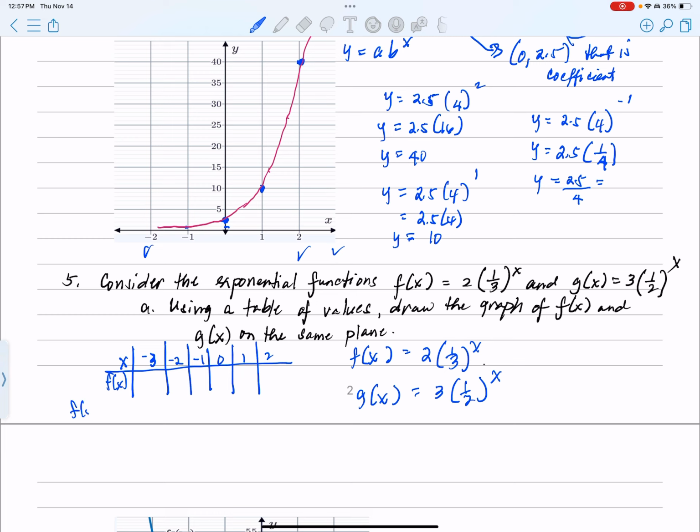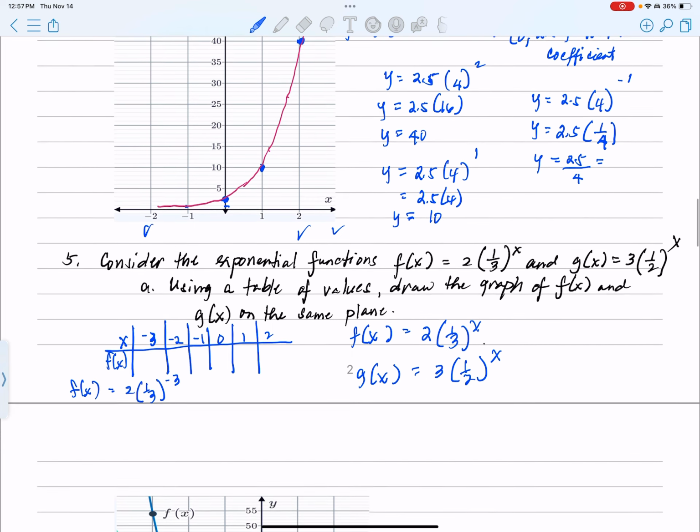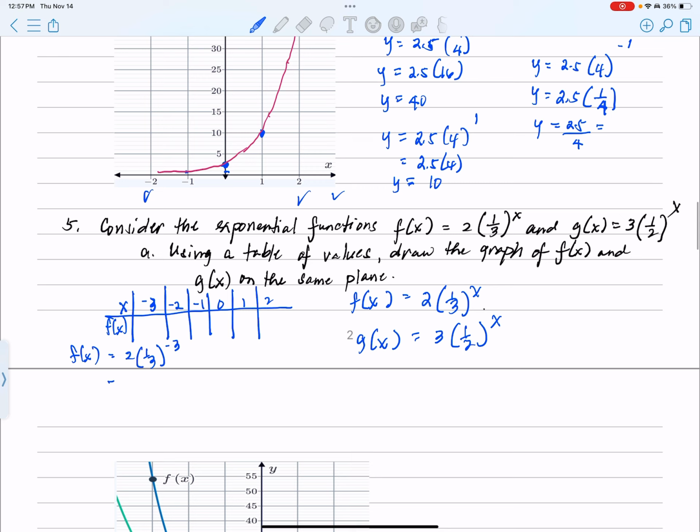2 times 1/3 to the power of negative 3. When you have a negative exponent, you have to get the reciprocal so that the exponent will be positive.